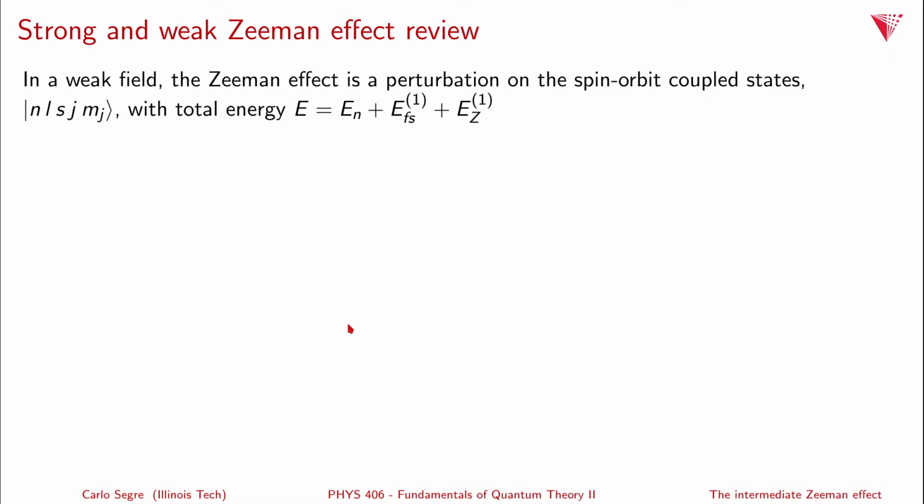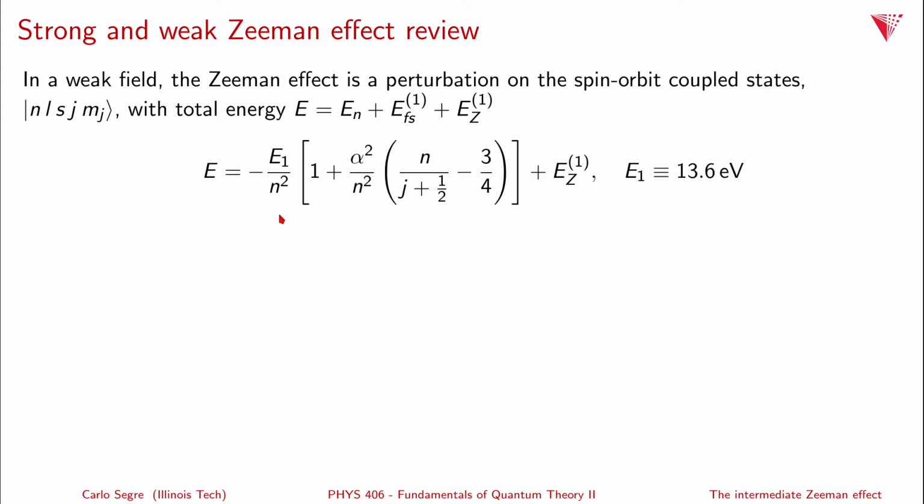So in a weak field, the Zeeman effect is just a perturbation on the spin-orbit coupled states. And so the good quantum numbers are n, l, s, j, and m sub j, where the total energy, E, is equal to the Bohr energy plus the fine structure energy plus the perturbation that comes from the Zeeman effect, the weak field Zeeman effect.